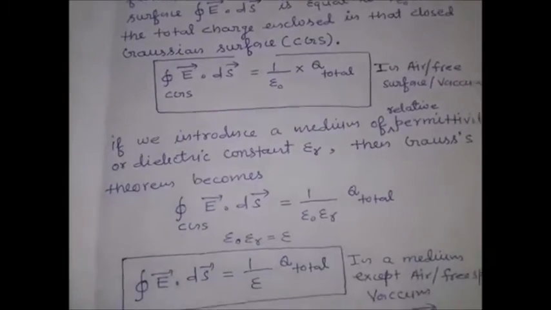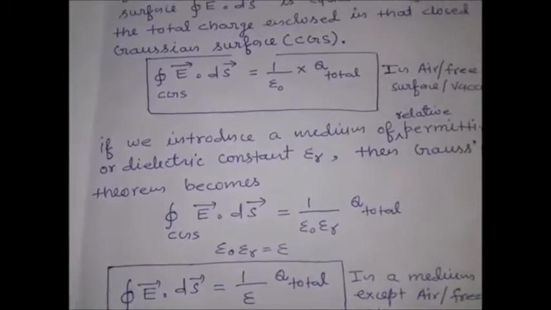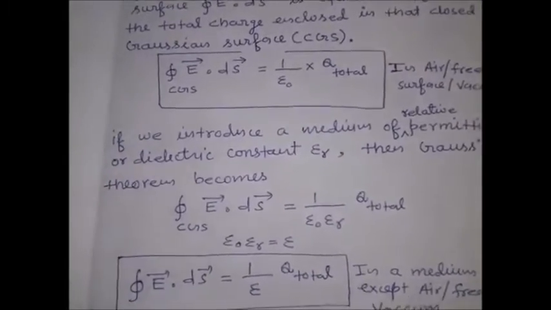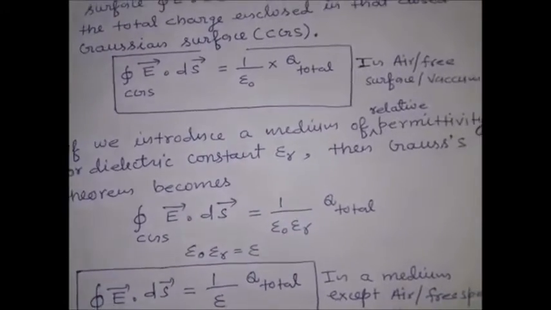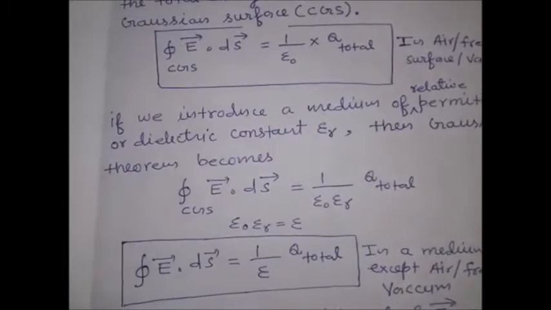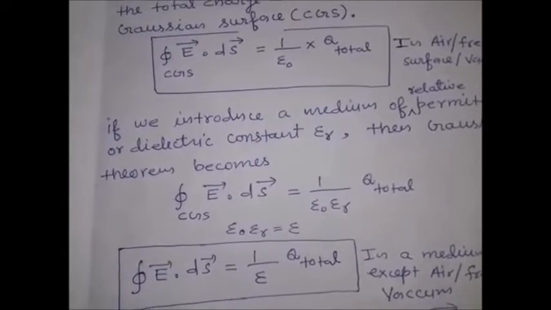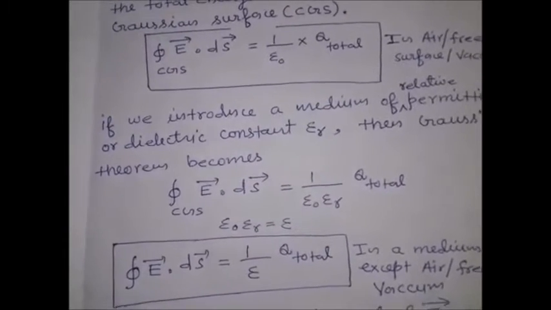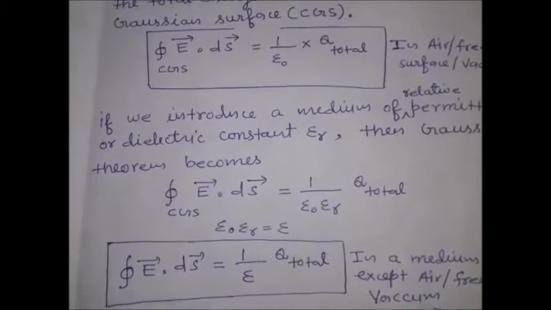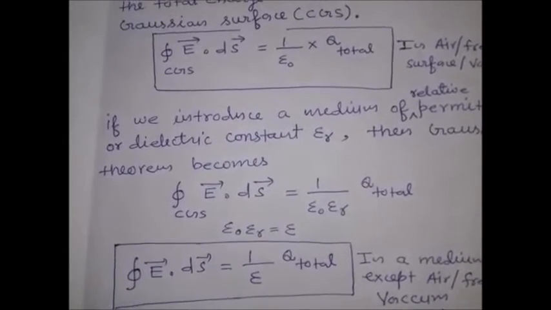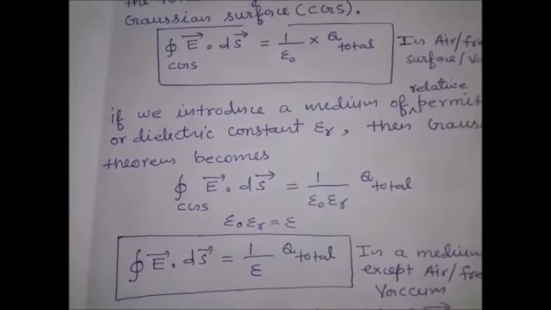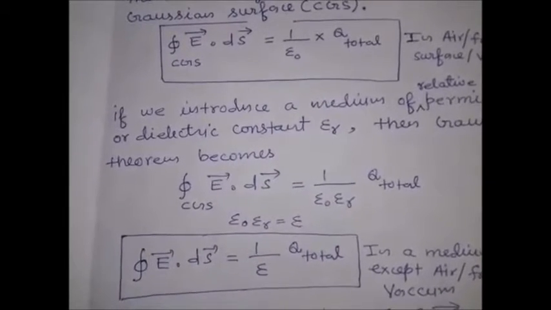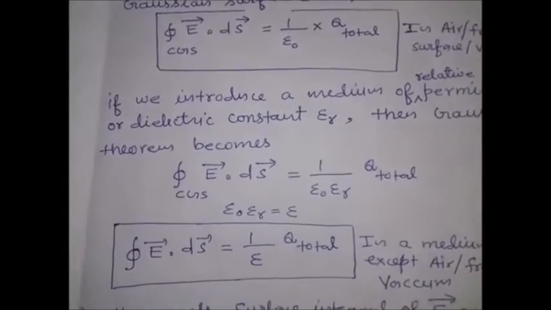If we introduce a medium of relative permittivity or dielectric constant epsilon r, then Gauss theorem becomes integration over closed surface E dot ds is equal to 1 upon epsilon naught epsilon r q total. Now epsilon naught epsilon r is epsilon.